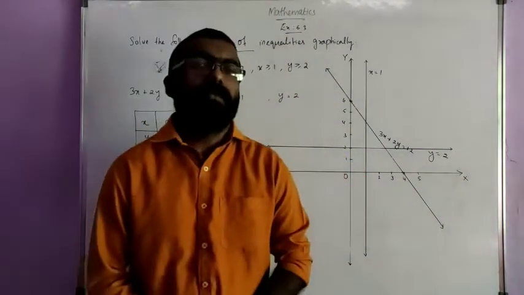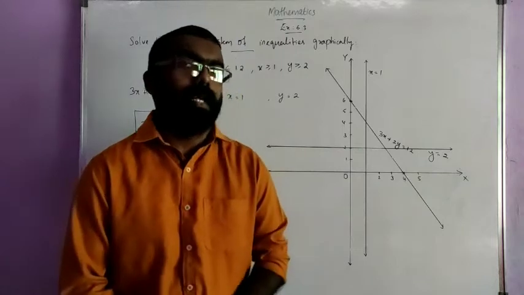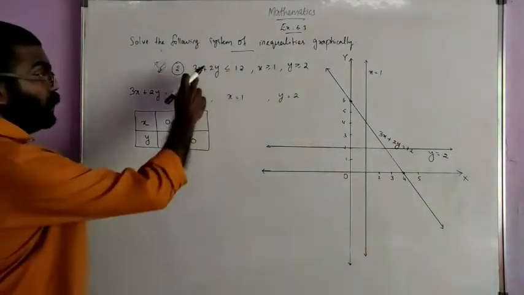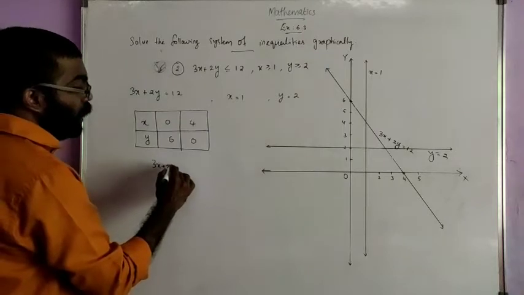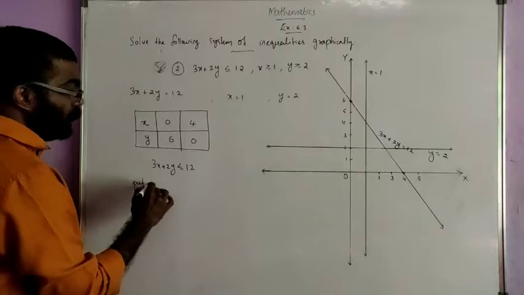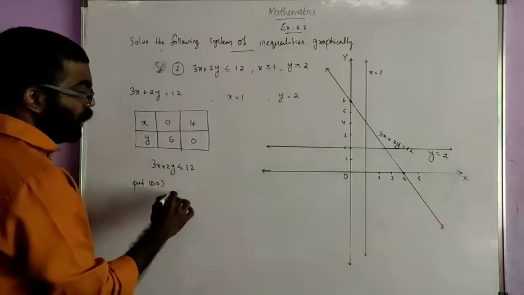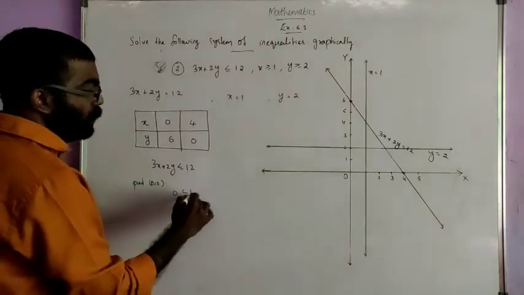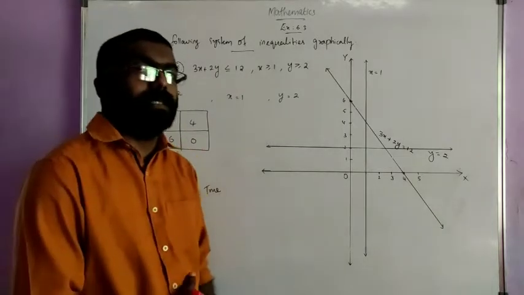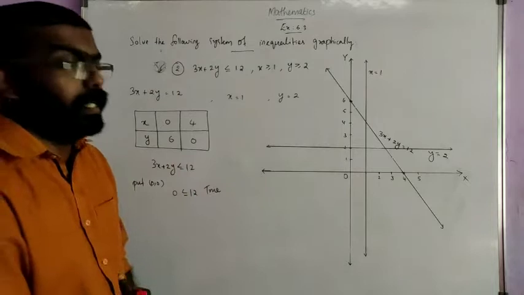Okay, now we have to find out the half plane represented by each of the inequalities. First one, 3x plus 2y less than or is equal to 12. Here we can put 0, 0. So what we get, 0 less than or is equal to 12. It is a true statement. 0, 0 lies in the solution region.